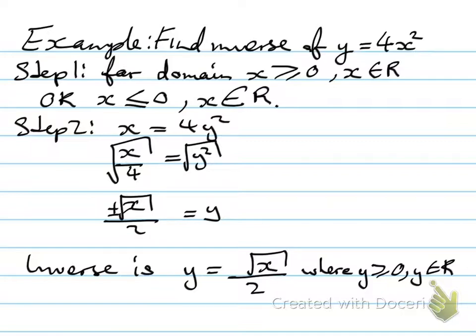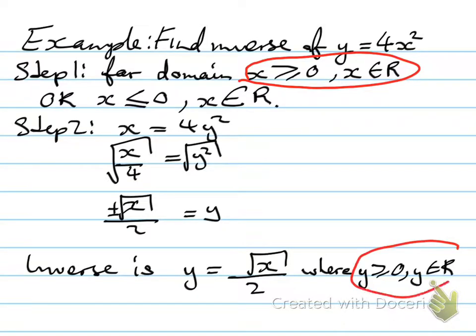So it becomes a 1-to-1 relation, which means it becomes a function. Can you see the restriction I used for the domain becomes the restriction for the range of the inverse function?